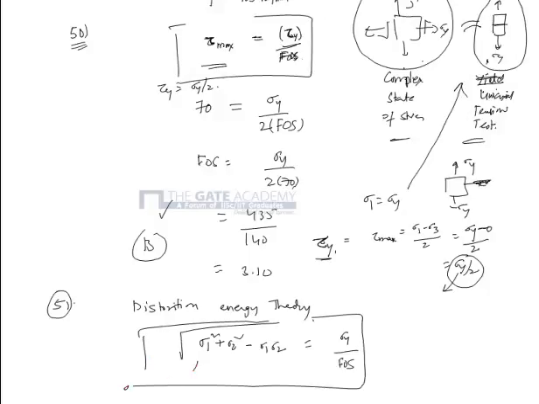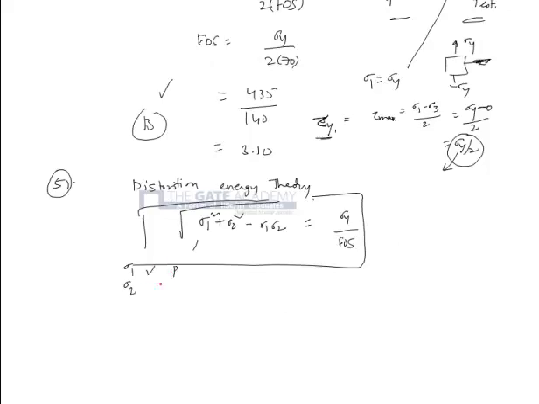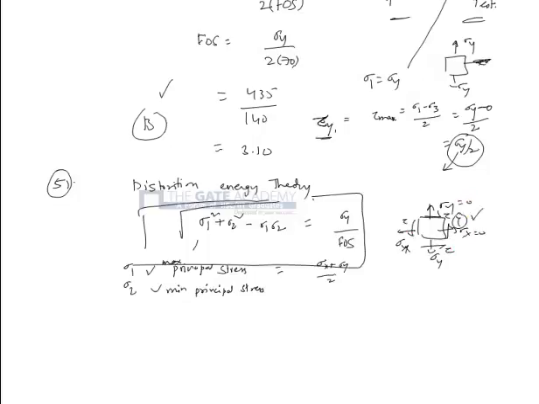Now remember that sigma 1 and sigma 2 are my principal stresses in the 2D case. Since this is a 2D case, I can find the principal stresses either from the Mohr circle, or use the general formula. If I have a 2D state of stress with sigma x, sigma y and tau, in our case sigma x is 0, sigma y is 0, only tau is there.